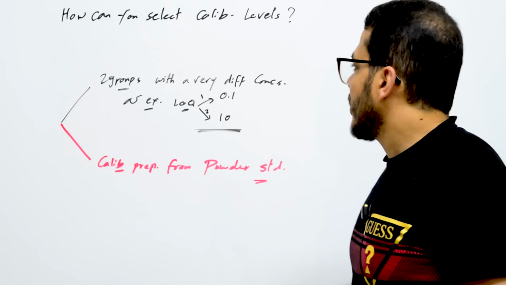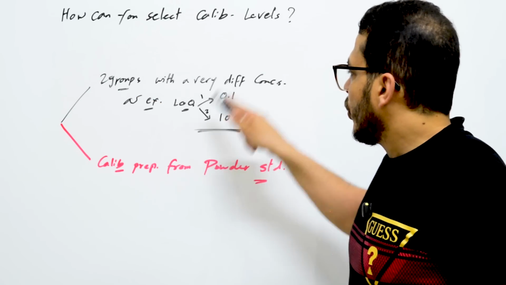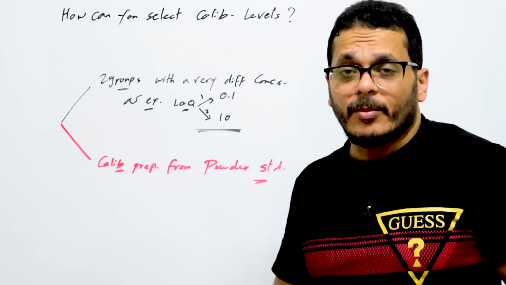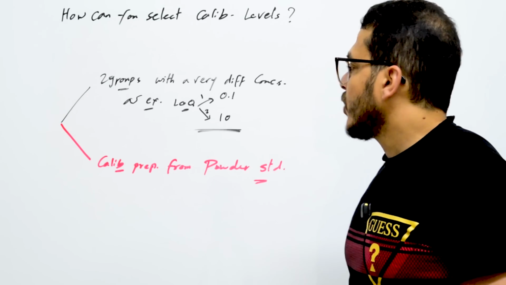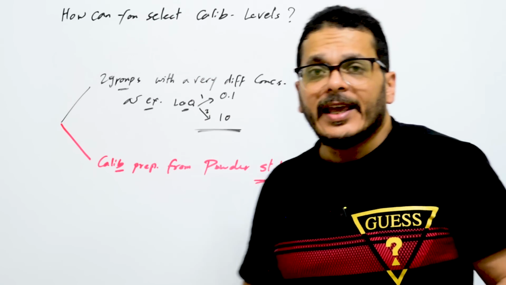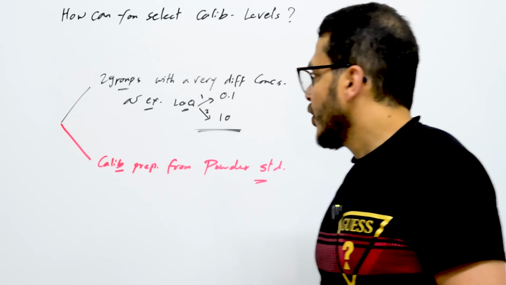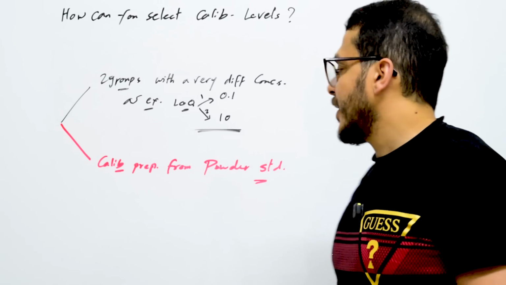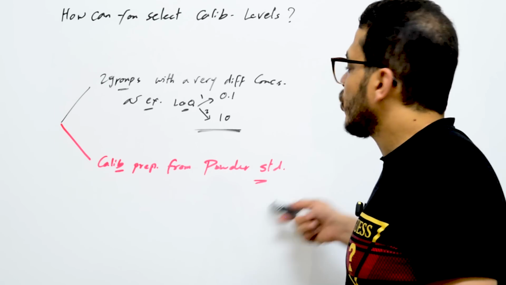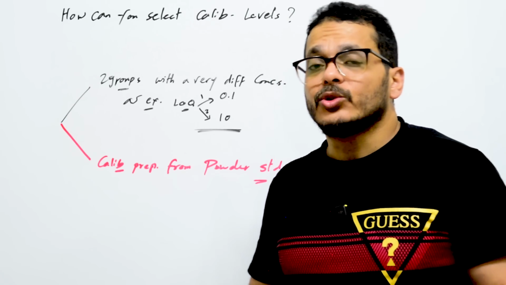If these two groups have very different concentrations, as an example, if the LOQ for group 1 equals 0.1 microgram per kilogram, and for the other group 10 microgram per kilogram, so totally different, and the calibration levels should also be different. So what will you do in this case? You should mix them, and that will be explained in the next lecture, and also how you can plan when you prepare the calibration standards from powder standard.